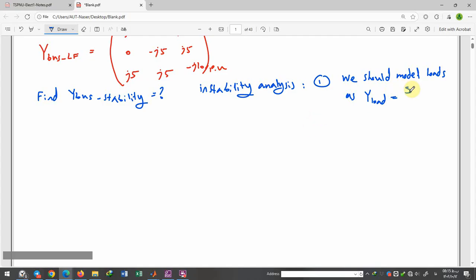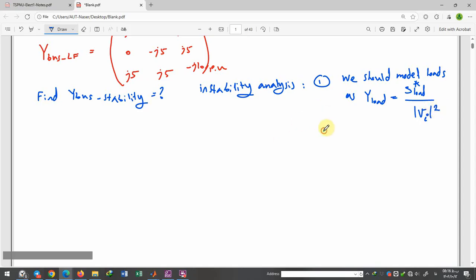S of loads conjugate over V, voltage of the bus which the load is connected to, squared.